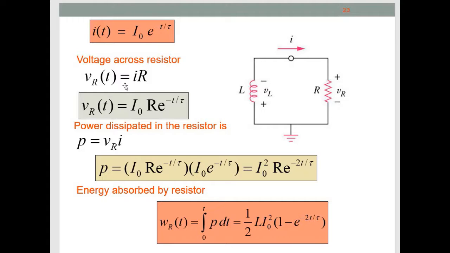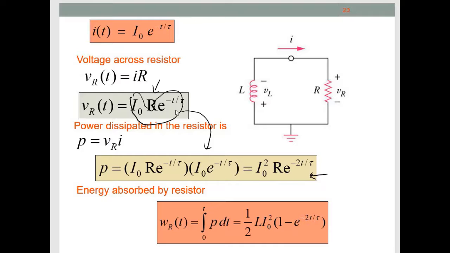This formula is produced by the current that flows through the inductor, which will flow to the resistor: I0 e to the negative t over tau, and multiply with R. You can also manipulate this formula, be creative, and just pick v = iR, the i is here and the VR is here, just multiply and you will get this one.